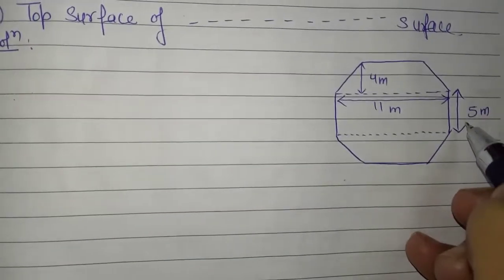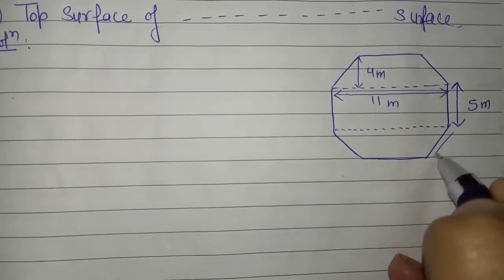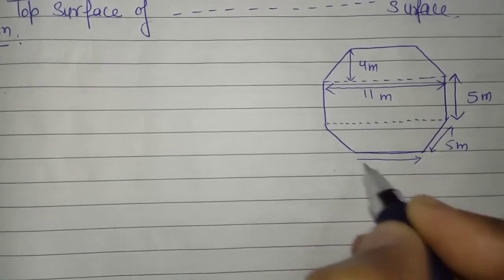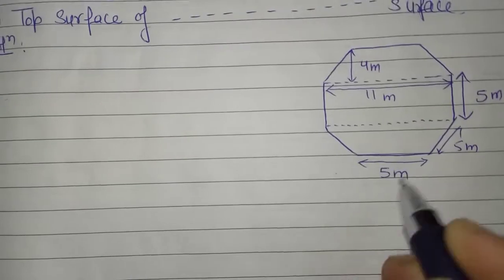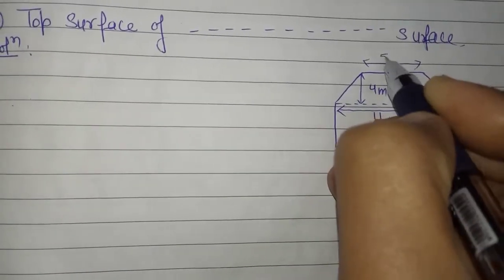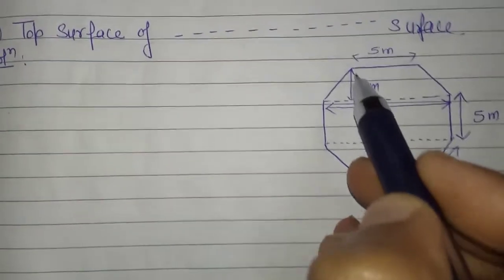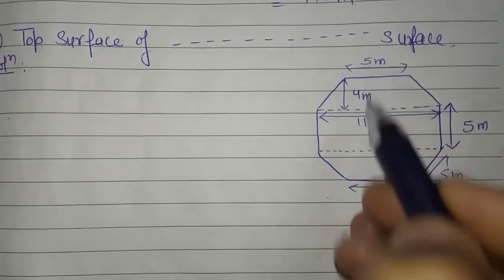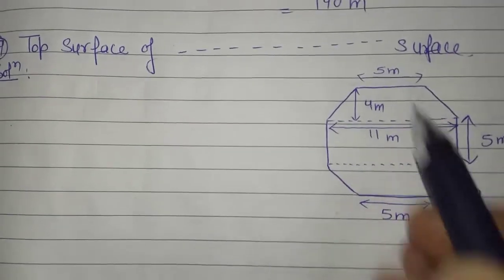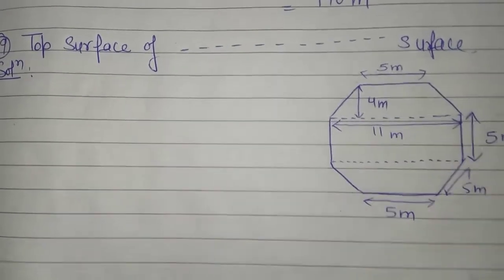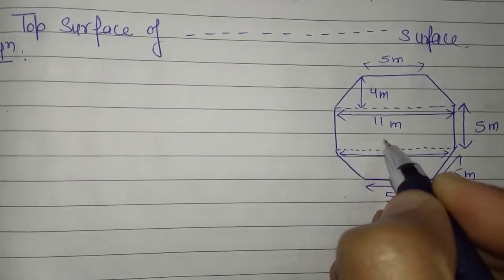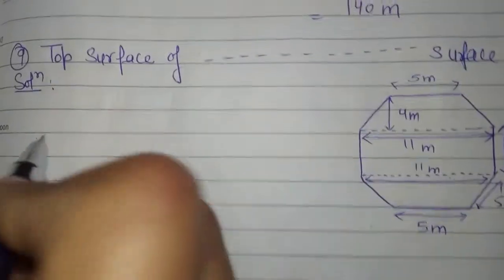So if this is 5 meter, this will also be equal to 5 meter. This will also be equal to 5 meter. And if this one is 5 meter, because we need in a trapezium the length of two parallel sides and one height, so we have all the things given and this will also be equal to 11 meter.